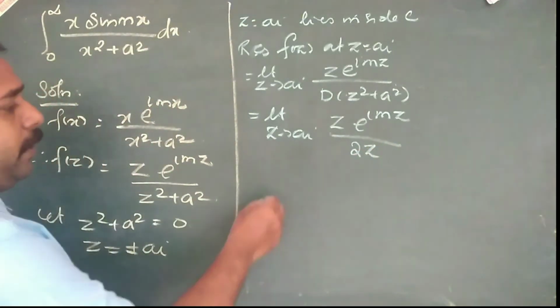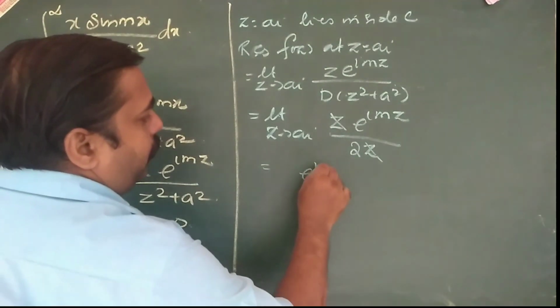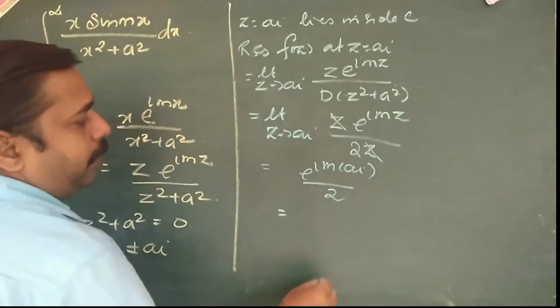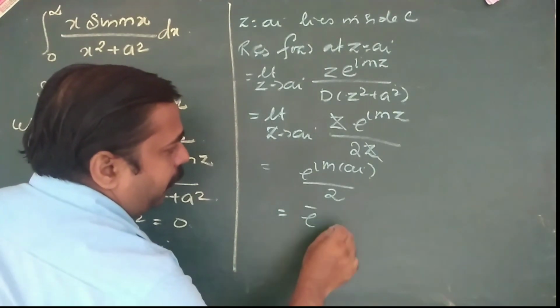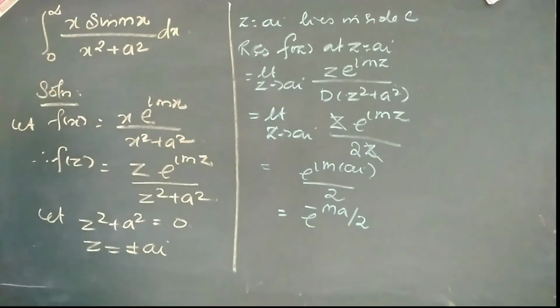Now apply the limit, the z cancels. That is e raised to im into ai divided by 2, so that is equal to e raised to minus ma divided by 2.